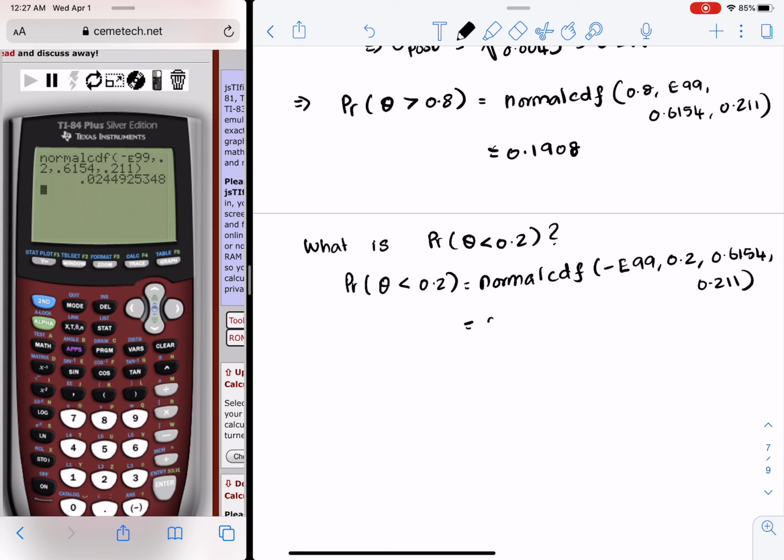And it is a small value, only about a 2% or 2.5% chance that the value of theta, in other words, the probability that an individual would like tacos, is simply 0.0245 or 2.5%.